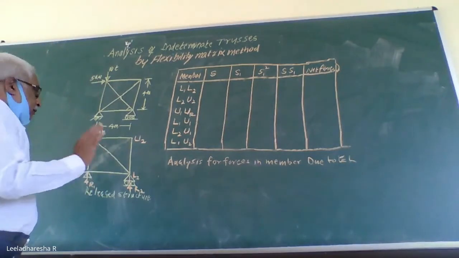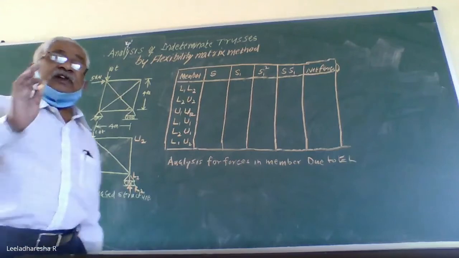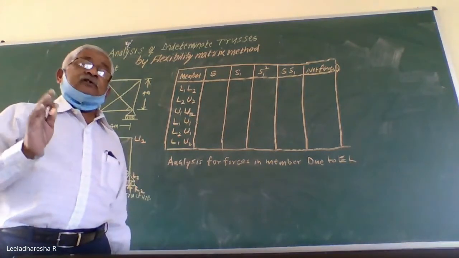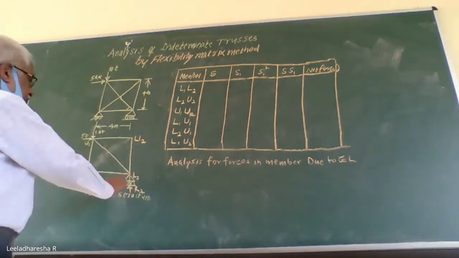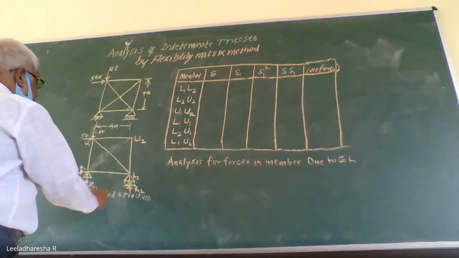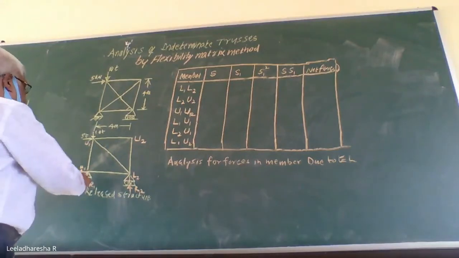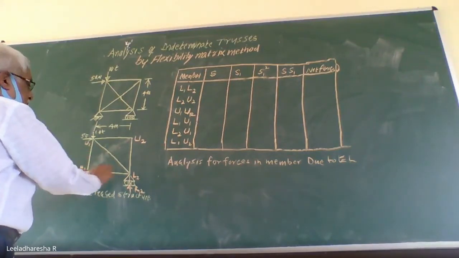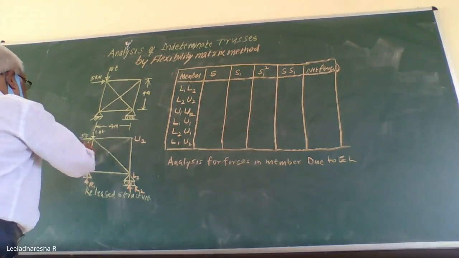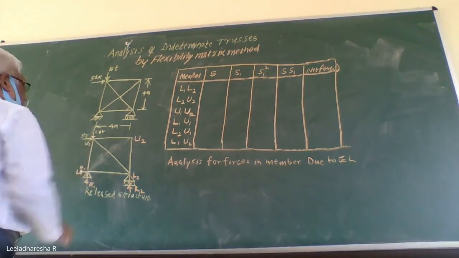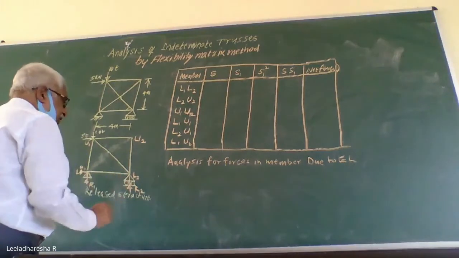In the method of joints, you must select a joint which has a maximum of 2 unknown forces. Once you determine R1 and R2, then we can think of determining the forces in the members, because here 3 unknown force members are there, here 2 are there, then here also 3 members are there. Therefore, determine the reactions.